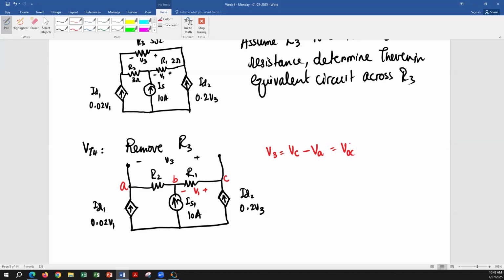How are you going to apply mesh on this one? Okay, and that is going to be the difference between the two currents. So that's one way to go. We can write two equations, or actually it's going to be one equation only.